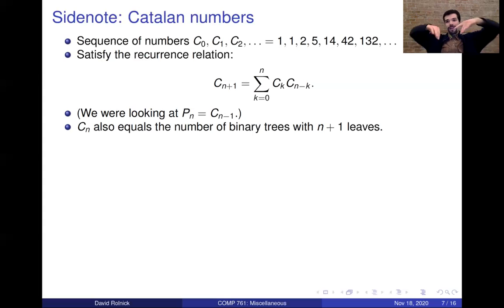You can think of a binary tree as being an order in which you multiply the leaves together. If you have two children, then you say, okay, I'm multiplying those together, and it's telling you the order in which you multiply everything. So that's the connection between the number of binary trees and the number of ways to multiply, or parenthesize, things.